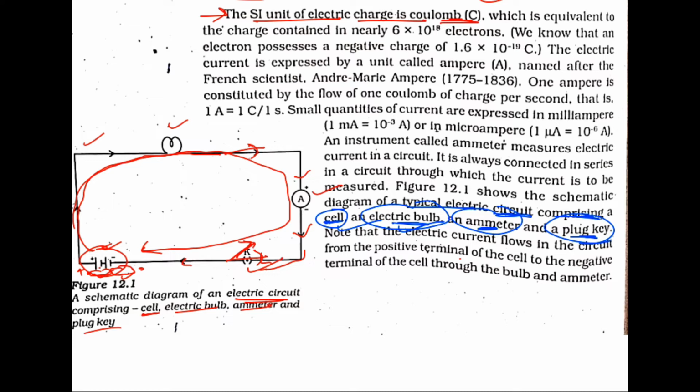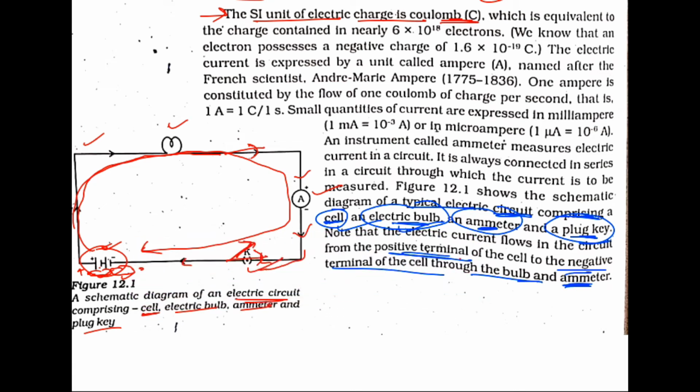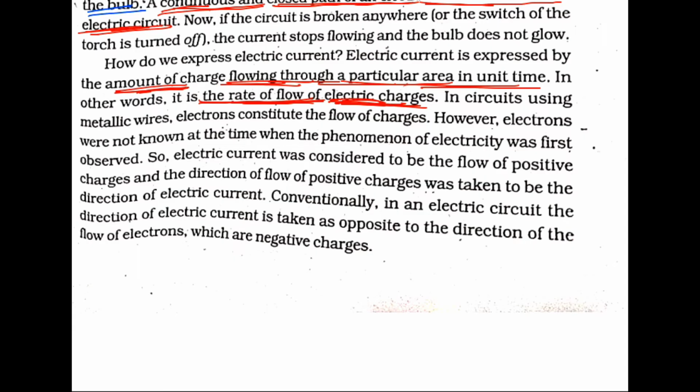In this, electric current flows from the positive terminal of the cell to the negative terminal of the cell via the bulb and ammeter. Regarding the direction of electric current, it was considered to be the flow of positive charges.